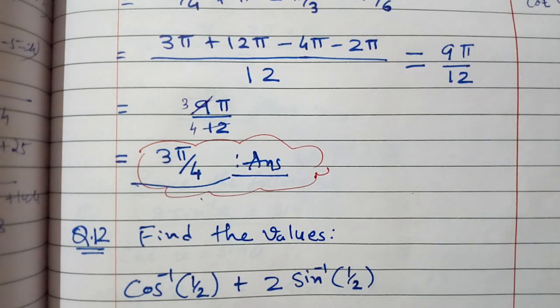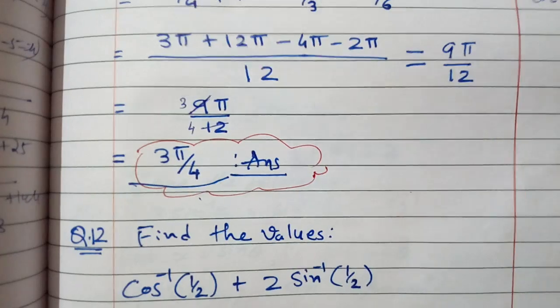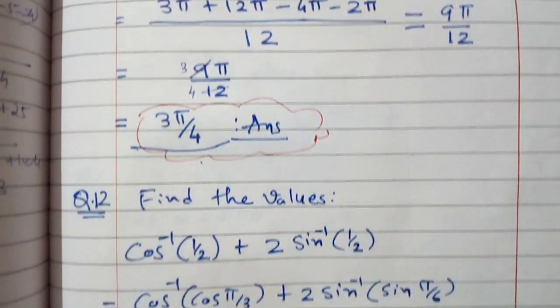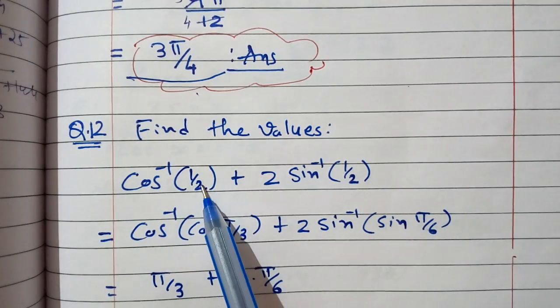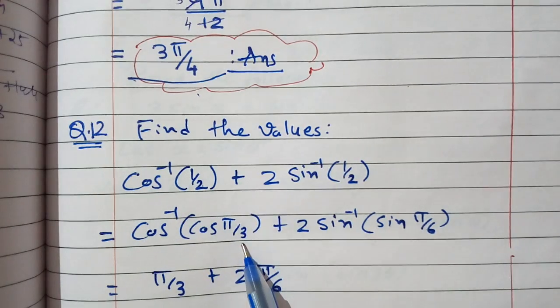Now we look at another sum, find the values. Cos inverse 1 upon 2 plus 2 sin inverse 1 upon 2. Instead of 1 upon 2 we can write cos pi by 3.